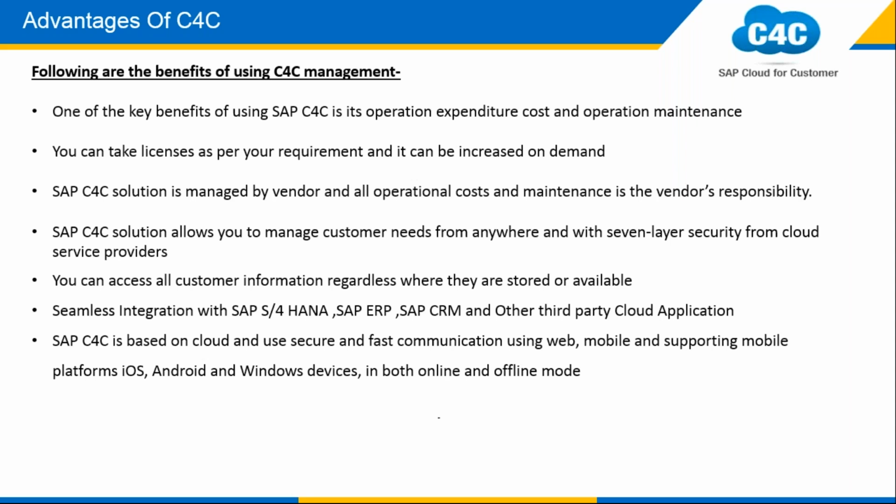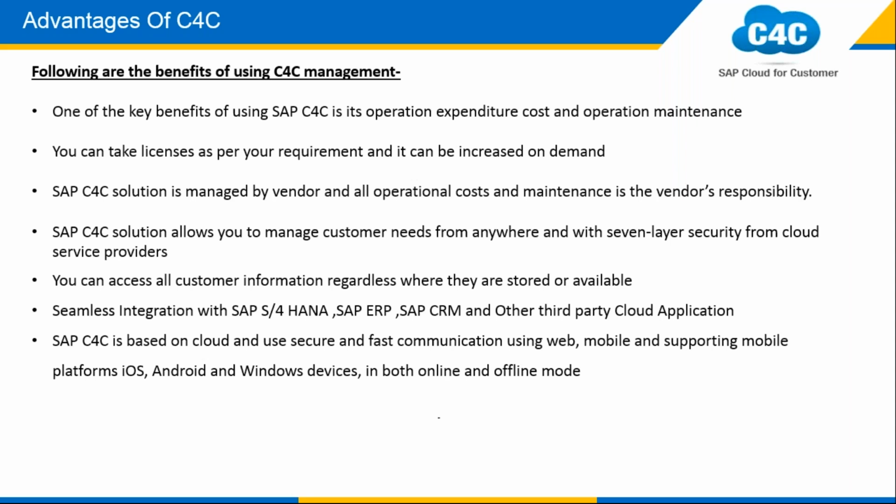The fourth point talks about the SAP C4C solution allowing you to manage customer needs from anywhere with 7-layer security from the cloud service provider. Now, what does it mean? When it comes to a cloud application, there are always questions about how secure it is. Normally in an on-premise system, whenever we need to access it from outside the company network, we use a VPN, which is a secured network that connects to the company's network.